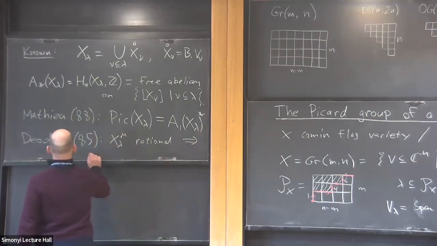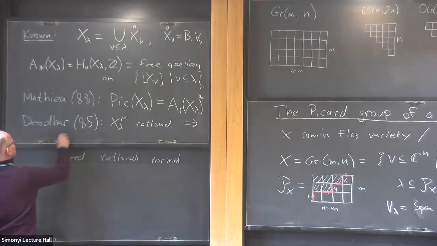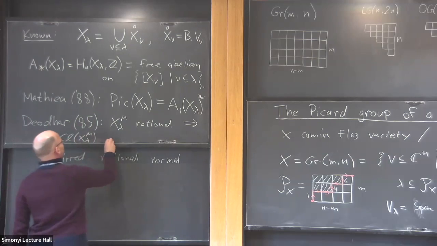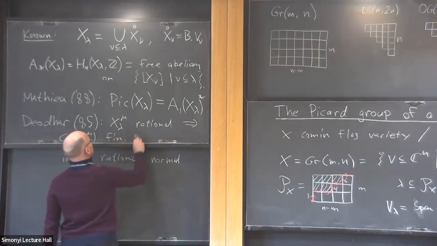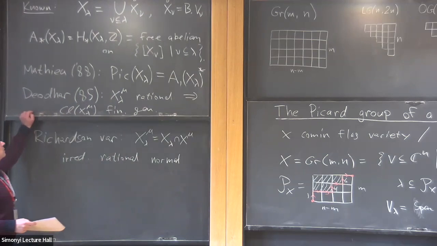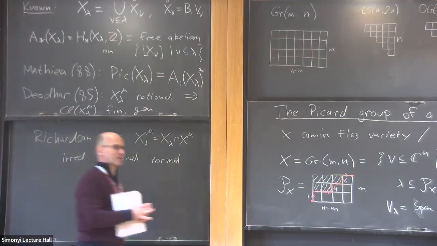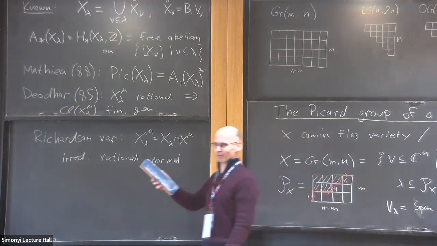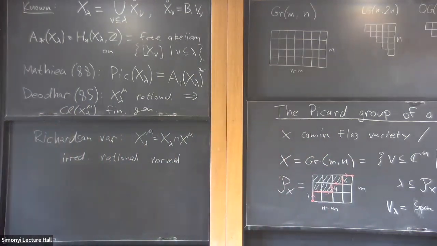So that means that at least the class group of the Richardson variety is finitely generated. Again, this is for Richardson varieties in arbitrary flag varieties. It's finitely generated. That's better than nothing. For example, that means that our Picard group is going to be finitely generated.